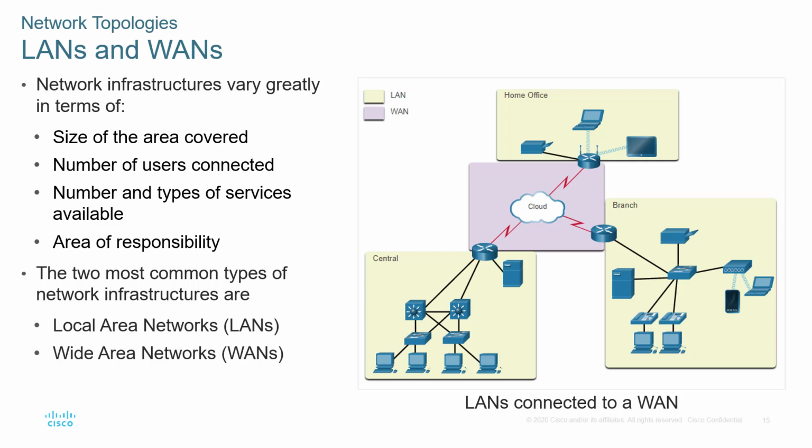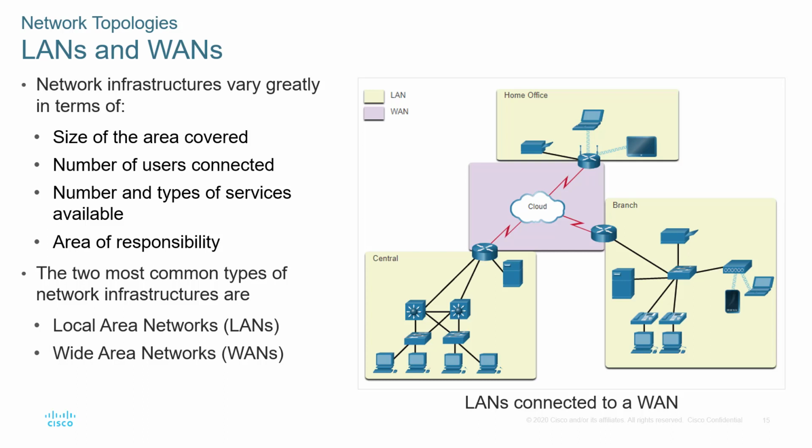Now, these are only two types of networks. There are many more, like a metropolitan area network, a MAN, and that's going to be more of a city-wide network. We could also have a storage area network, a SAN, or a PAN, a personal area network. That could be like your mobile device in your car, or your mobile device and your Bluetooth headset.